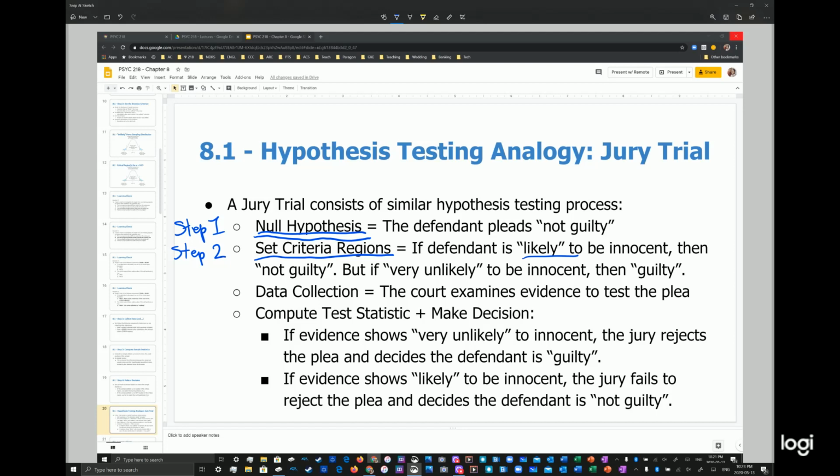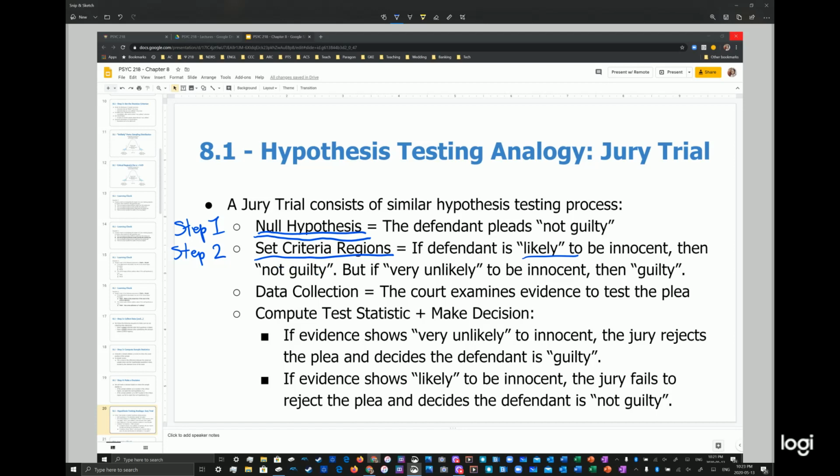as in this is not likely to be guilty. This is where the evidence shows that the defendant is no different from everybody else who did not commit the crime. So the defendant here is, as the slide reads, likely to be innocent, therefore not guilty.